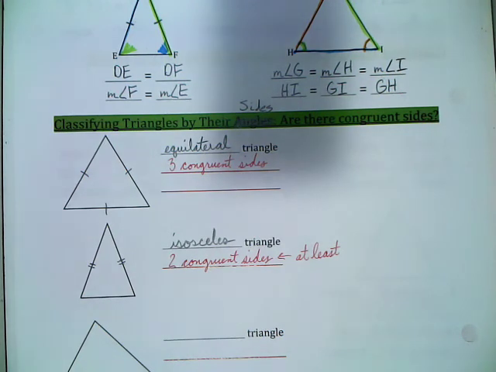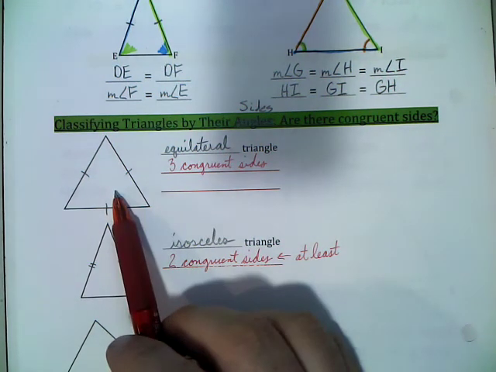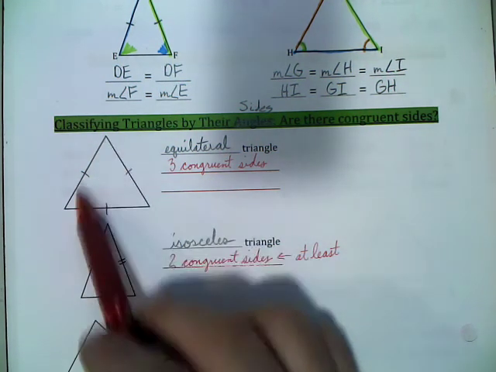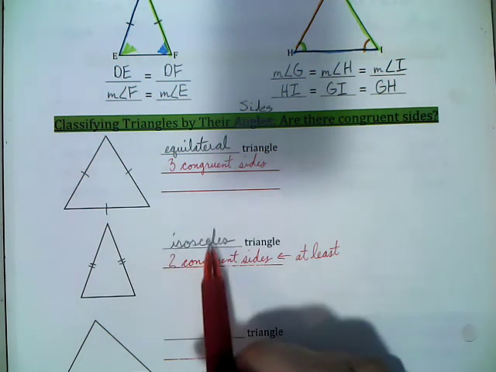So if you think about what at least means, it means that that's the minimum number. You could have more. Well, on a triangle, you only have so many sides. So really the possibilities are you could have two sides that are congruent, or you could have three sides that are congruent, which means that an equilateral triangle is actually isosceles.